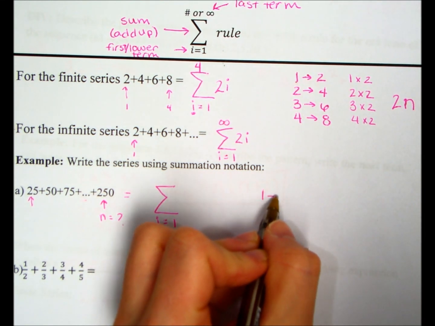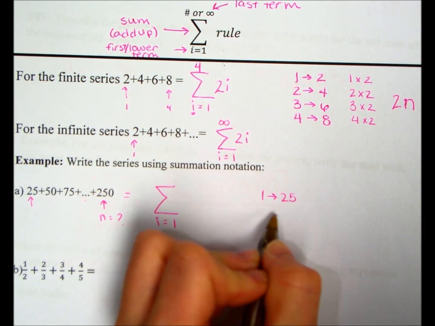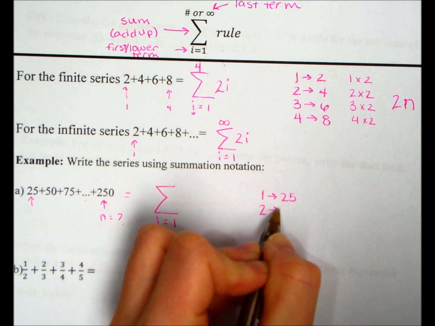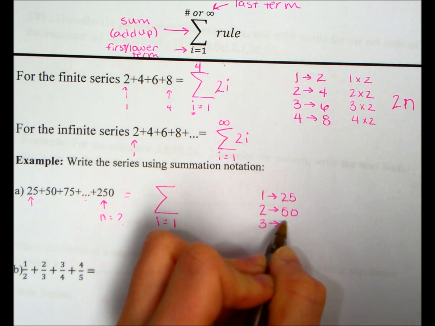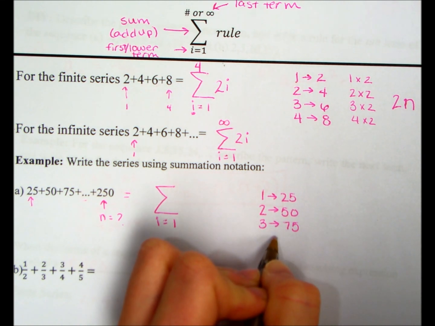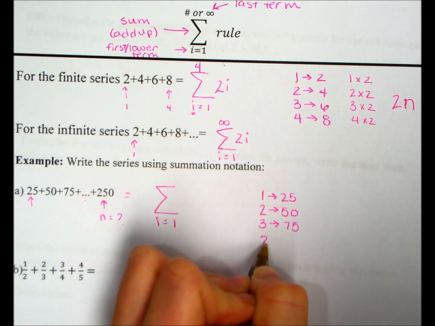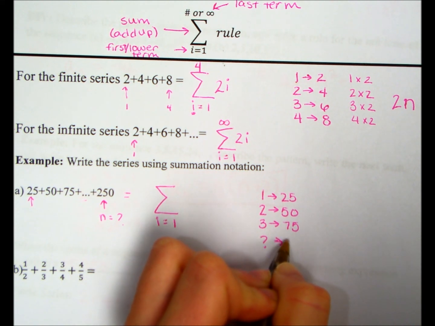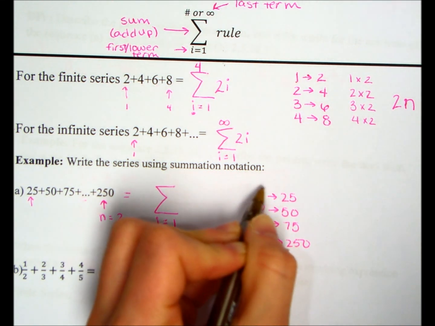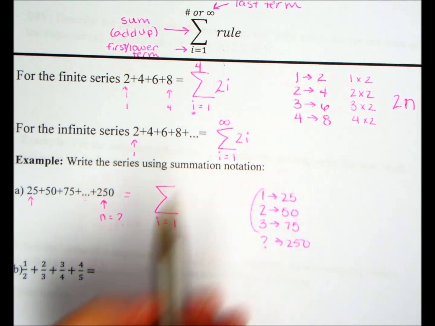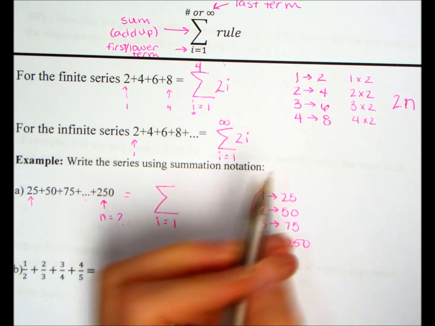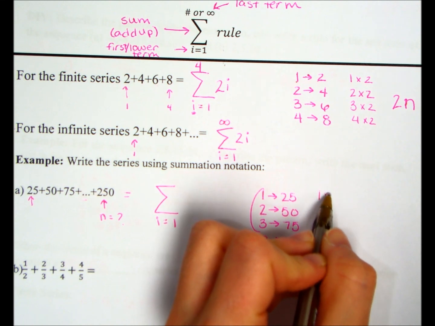My first term is 25. My second term is 50. My third term is 75. And some term here is 250. So we're only going to be able to rely on these 3 terms here to figure out what the rule is. So 1 to 25, I can get there by going 1 times 25.